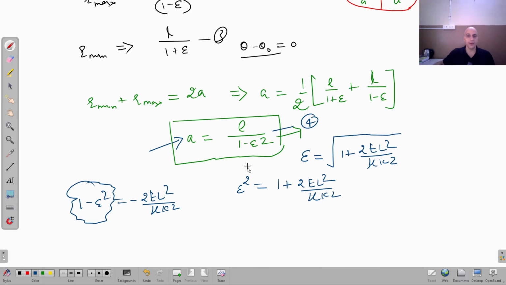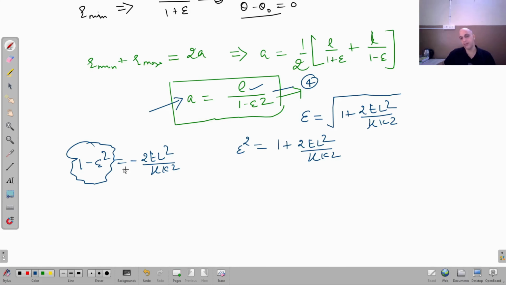Now I want the value of L, the semi-latus rectum. We know very well that the value of L in this particular case is L square upon mu k, right? So I am going to put equation number 5, this one and this one, here in this equation. These two values I am going to put.